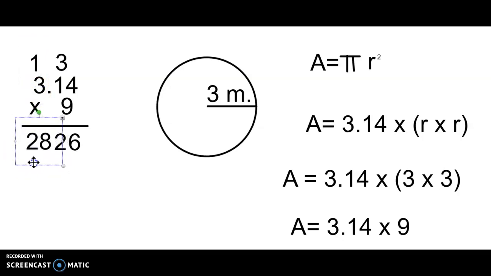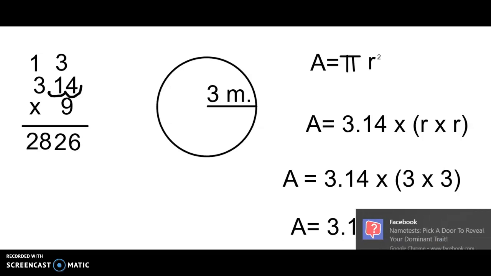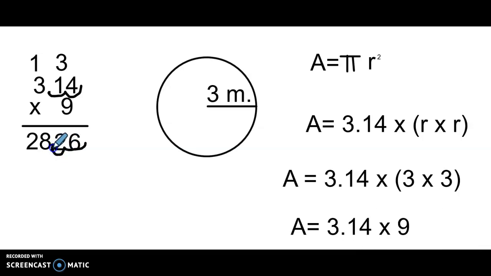All right, am I done with my problem? Yeah, no. Hopefully you noticed that we have a decimal point up here. We ignored it while we were solving the problem, but now we have to put it back. So we see that we have 2 places for the decimal point. That means I have to put 2 places back into the answer. So here's where my decimal point should go.